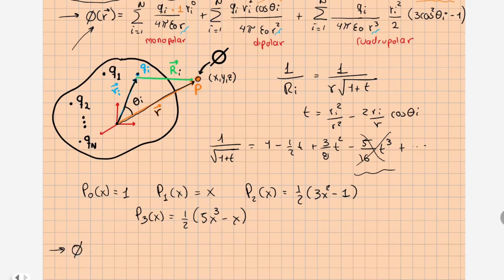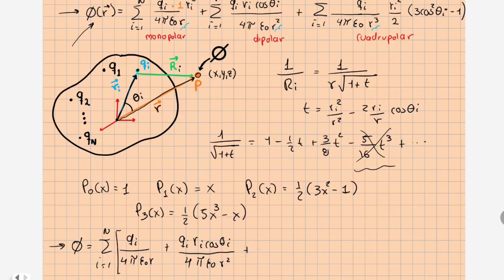So this will be phi equals the sum from i equals 1 up to n of q_i over 4 pi epsilon 0 r, plus q_i r_i cosine of theta_i over 4 pi epsilon 0 r squared, and then plus q_i r_i squared over 4 pi epsilon 0 r to the third power times 1 over 2 times 3 cosine squared of theta_i minus 1.